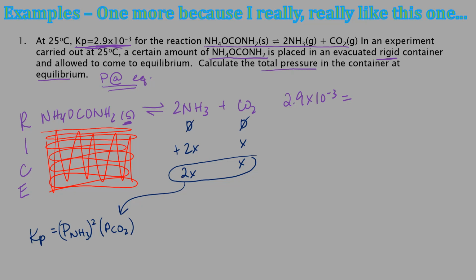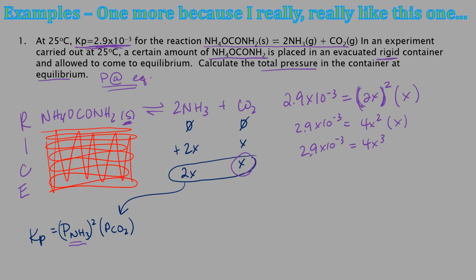And it's going to be equal to the pressure of NH3 at equilibrium, which is 2x, so 2x, and that has to be squared. And then CO2 is x, and it's not raised to anything. So if I square 2x, I have to square everything inside of this parentheses. So that's going to be 4x squared times x is equal to 2.9 times 10 to the negative third. And 4x squared times x is going to be 4x cubed.